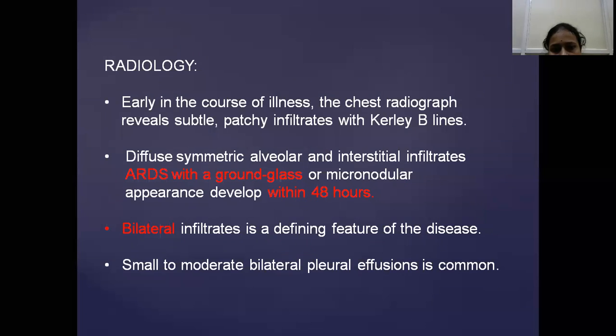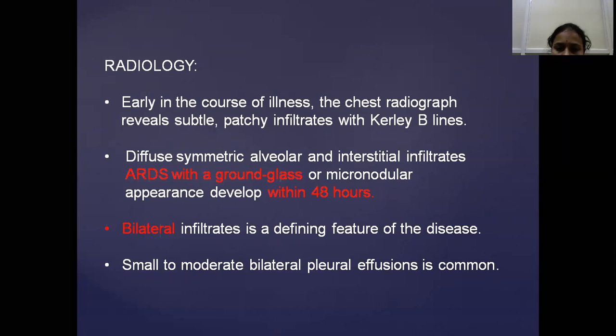Radiologically, there are initially patchy infiltrates with Kerley B lines early in the course of illness. Later, diffuse involvement, bilateral symmetrical involvement, alveolar and interstitial infiltrates, later on going into ARDS with a ground glass or micronodular appearance, developing within 48 hours, acute onset, with no other known underlying etiology.